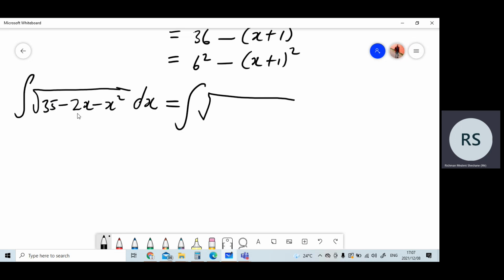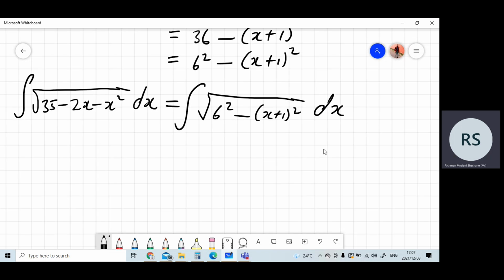We completed the square, and after completing the square, this becomes this in terms of 2 terms. So instead of this, we just substitute this. So it's the square root of 6 squared minus x plus 1 squared, dx.